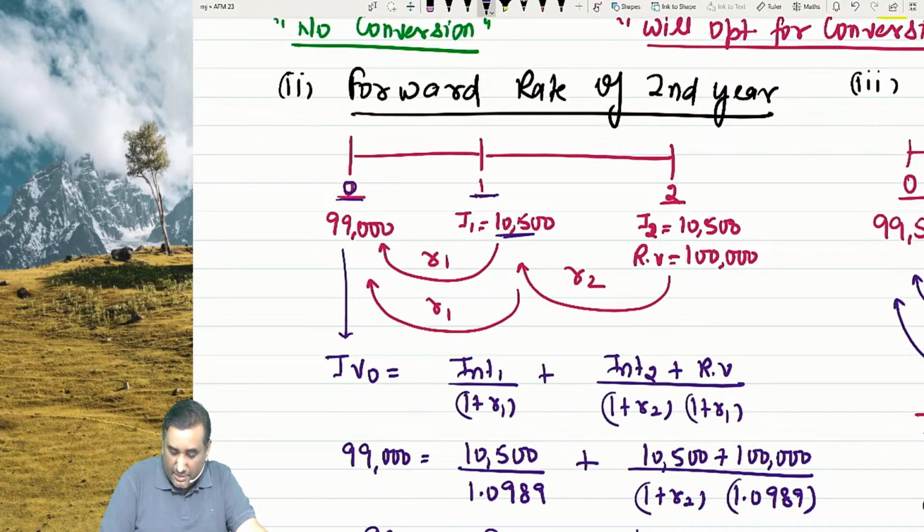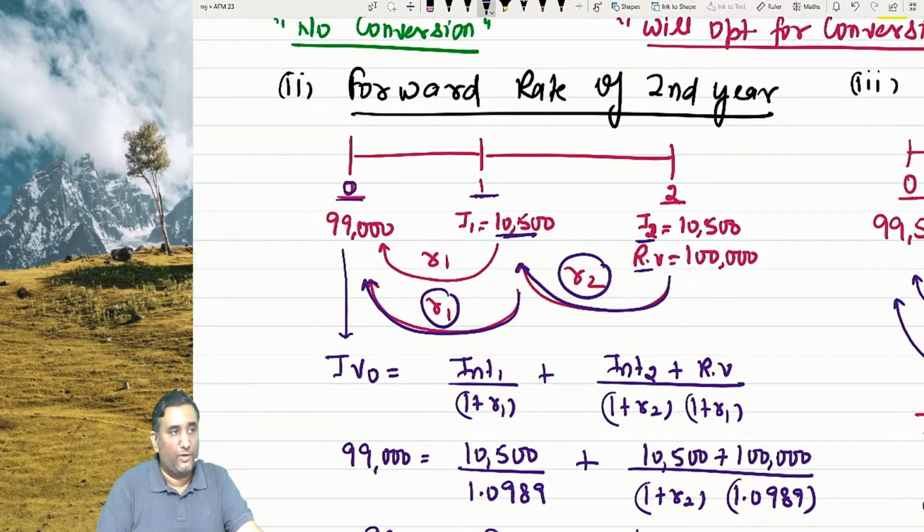First year I1 I get this, second year I2 and redemption value I get this. Basically second year will come to first year and then first year will be discounted to 0, r2 and then discounting by r1. R1 I know because I already calculated in first year.